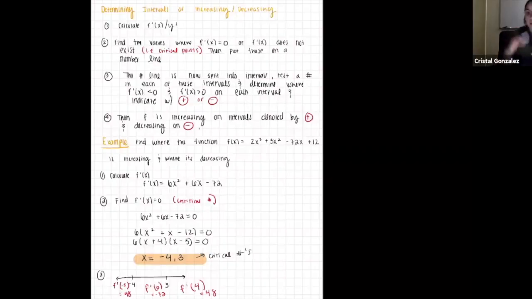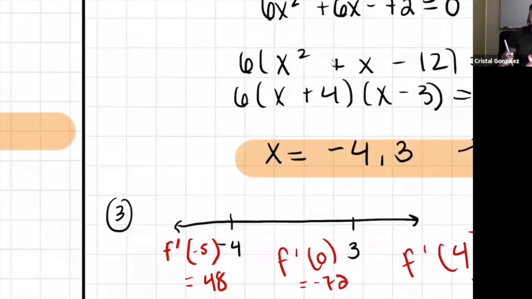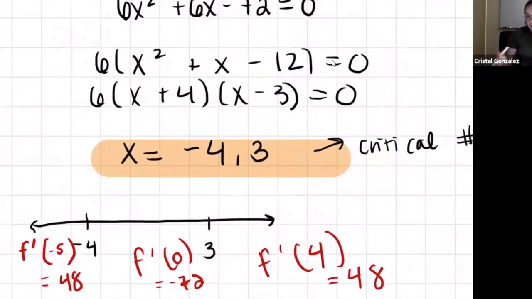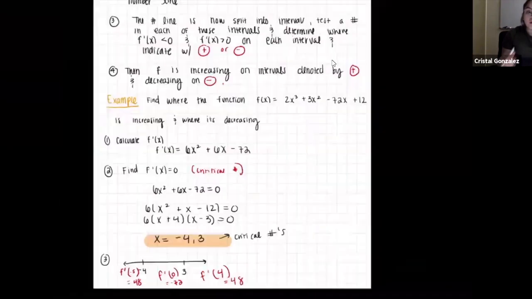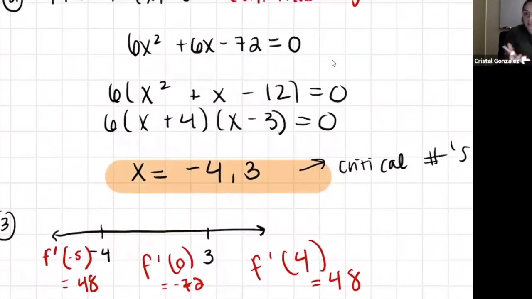Okay, so now that we've calculated those values, I don't really care what the value actually is. So I don't really care for the fact that it was 48, -72, or 48 again. I did that just so we can see what's happening here. What I care about, and what you should always care about, is the sign on that function.